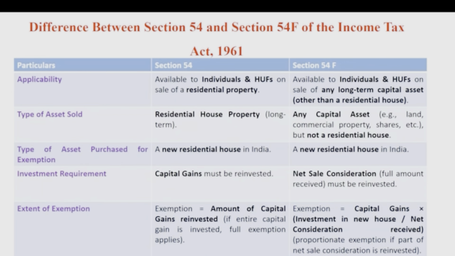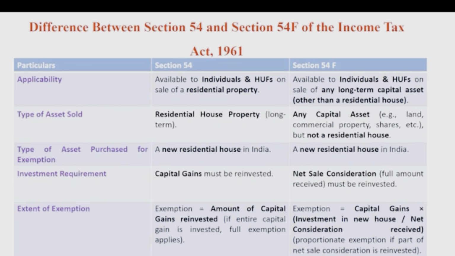Now, how is the exemption amount calculated? Under Section 54, the exemption is limited to the amount of capital gain which is invested in the new house. Whereas under Section 54F, if the entire sales consideration is reinvested, full capital gain is exempt. If only a part is reinvested, the exemption is proportionate.